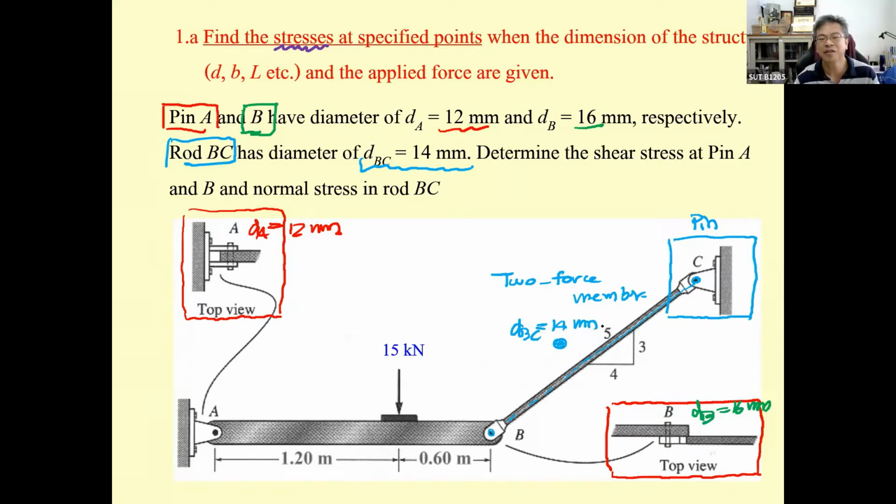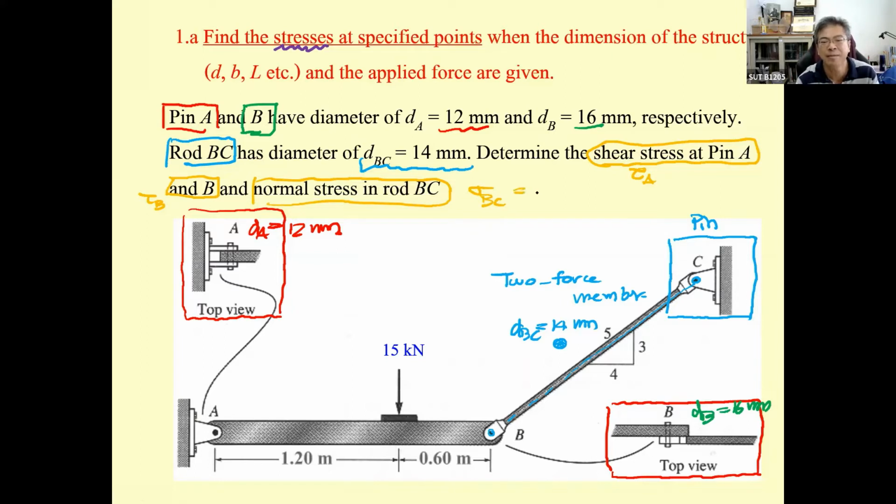What the problem is asking you is to determine the shear stress at pin A and pin B. That means you are going to determine tau sub A and tau sub B, and determine the normal stress in the rod BC, sigma sub BC.